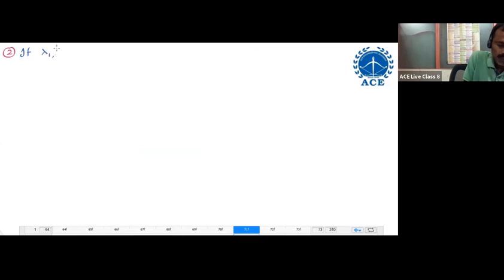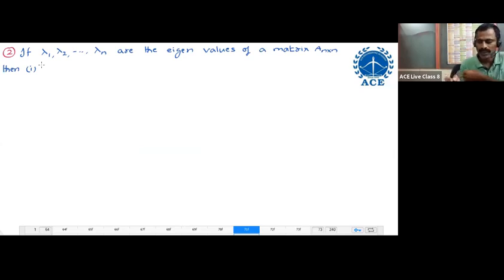If lambda 1, lambda 2, and so on, lambda n are the eigenvalues of a matrix A, n cross n, then the first bit: because an nth order matrix will have n number of eigenvalues only.